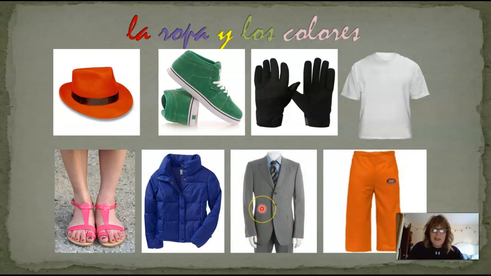Este es un traje. ¿Y de qué color es el traje? El traje es gris, es un traje gris. También, esa es una corbata aquí. Y una camisa también, una camisa azul y una corbata también.